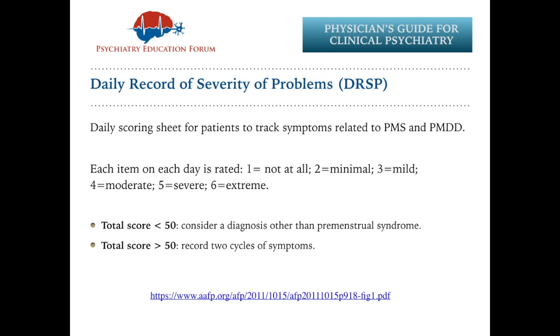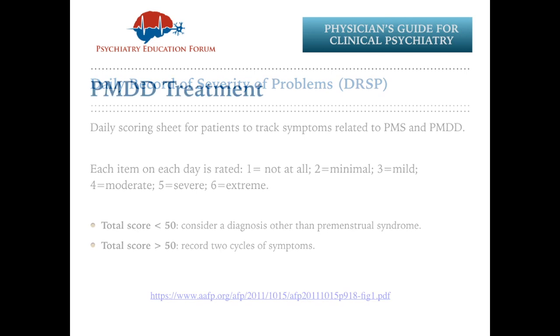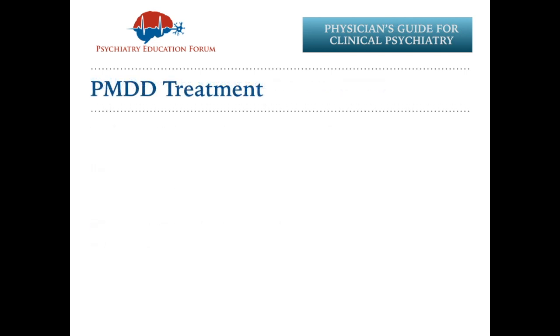Very helpful scale, and just doing 2 prospective cycles will give you the diagnosis. So you have done the DSM criteria, did the 2 prospective scale monitoring, and you have diagnosed your patient with PMDD. Let's begin the most important section of this podcast, which is treatment.